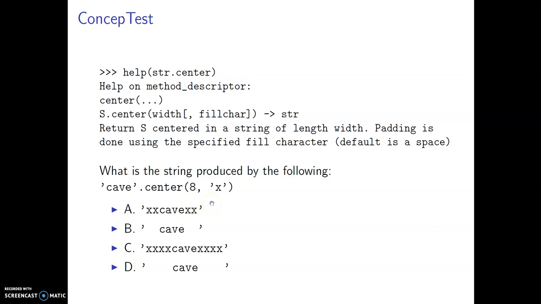We can test it in class. The rest of these, this could be useful if you think it's going to be 4 on each side, but that doesn't give you back a character string of length 8, so that can't be right. This, you're just getting empty space. Now, this one looks right if we just had empty space here. We could pad cave with empty space, but that's not what we've got here.